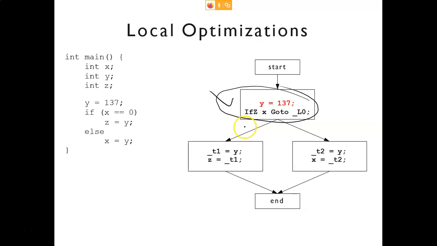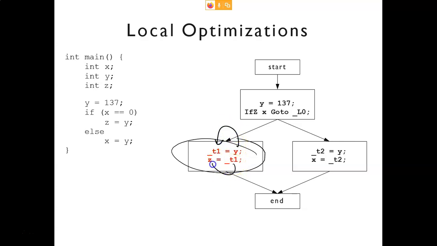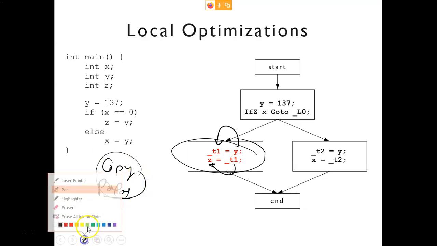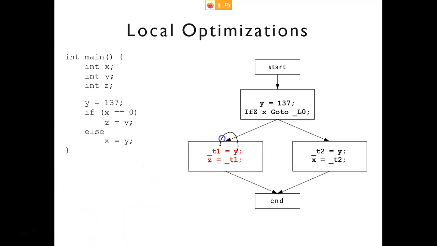Now for example, here also you can do local optimization. Here you are assigning Y to T1 and T1 to Z, so you can do something called copy propagation. Copy propagation says that if you assign variable Y to T1, and T1 to Z, you can replace T1 with directly Y. So you assign Y to Z directly, and then you can remove the other statement, because it will become dead code.